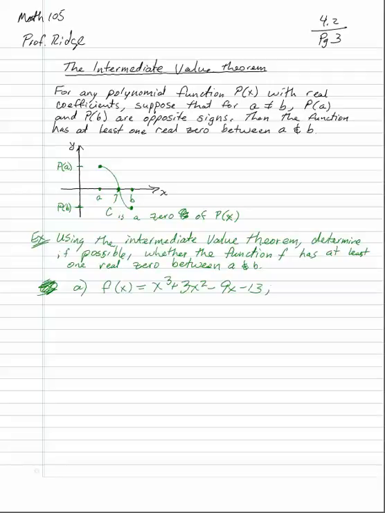Okay, so we want to determine if f of x has at least one real zero between a is 1 and b is 2.